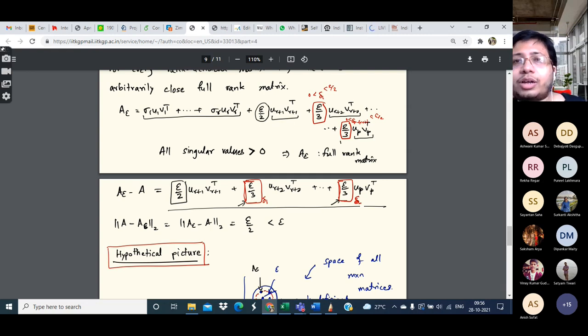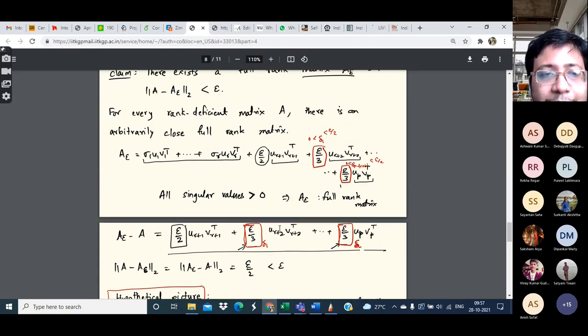And its singular values are whatever we have forcibly put along the diagonal, namely epsilon by 2, epsilon by 3, etc. Since epsilon by 2 is clearly the largest singular value in this case, the operator norm is nothing but epsilon by 2, which is of course less than epsilon.